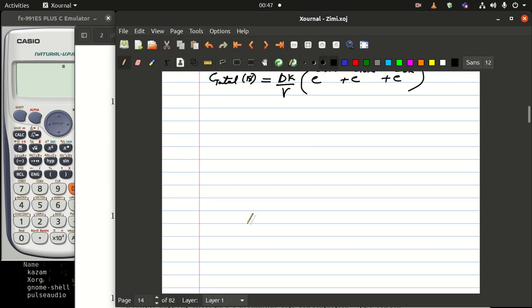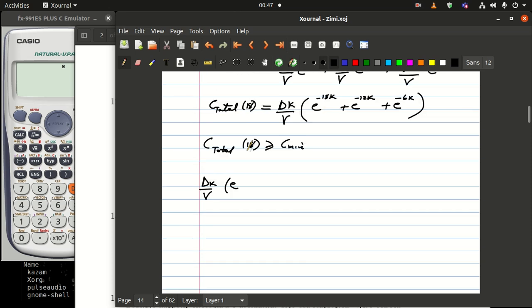But another thing that I want you to realize is that C total must always be bigger than or equal to C min. Which means that Dk divided by V times e raised to minus 18k plus e raised to minus 12k plus e raised to minus 6k must always be bigger than or equal to C min.